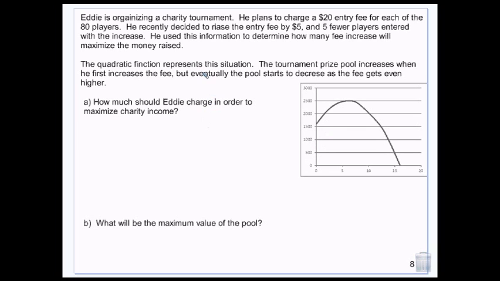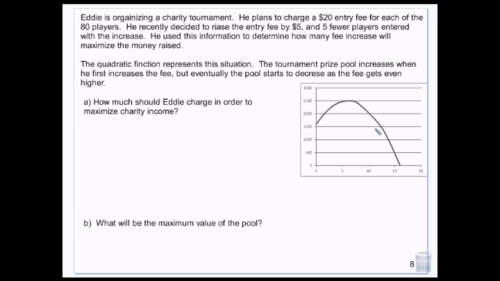Well, this one is that Eddie is organizing this charity tournament, and he was going to charge $20 for 80 people, and then he decided to raise the entry fee by $5, and 5 fewer people entered. So he was going to determine how to maximize the amount of money he raised for charity by assuming that every $5, 5 less people would join. And so you get this graph based off of that.